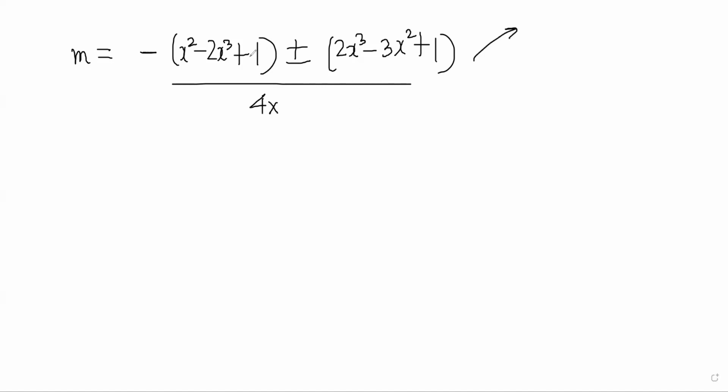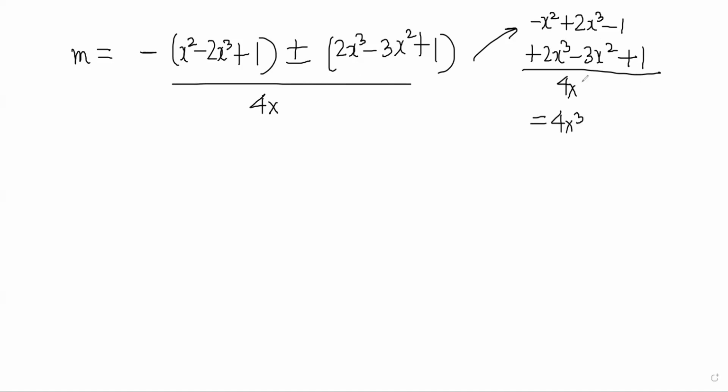When we do the plus sign, we get minus x squared plus 2x cubed minus 1 plus 2x cubed minus 3x squared plus 1 divided by 4x. So we basically get 4x cubed minus 4x squared, and this gets cancelled by 4x. So you get x squared, 4x common, this is x squared minus x. X squared minus x is the root when you take the positive sign.